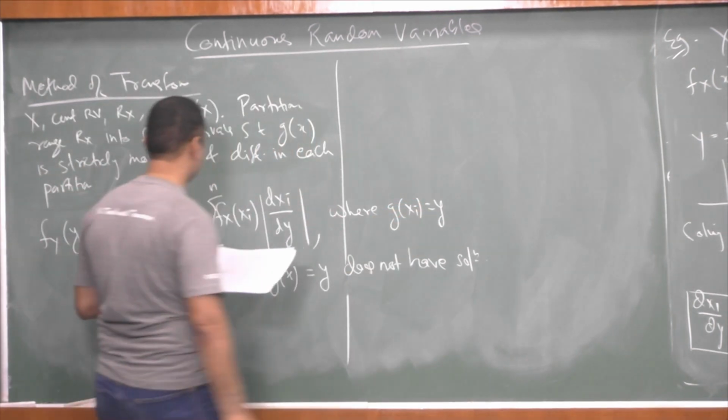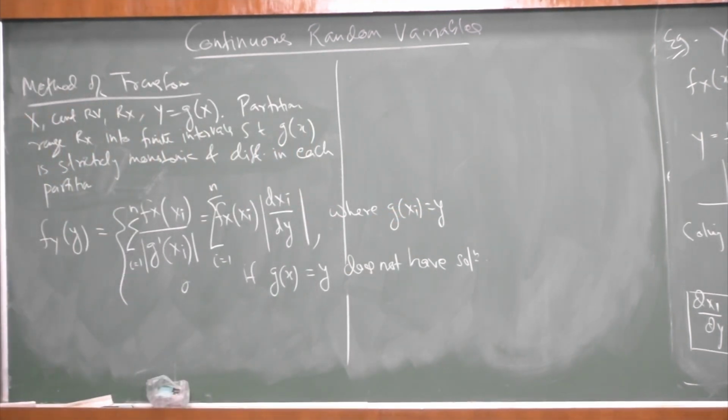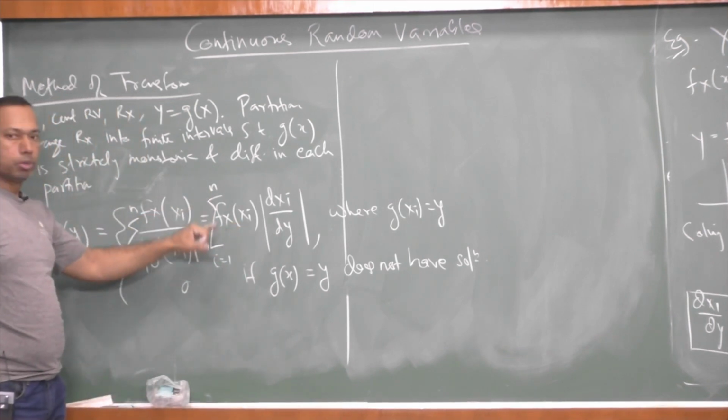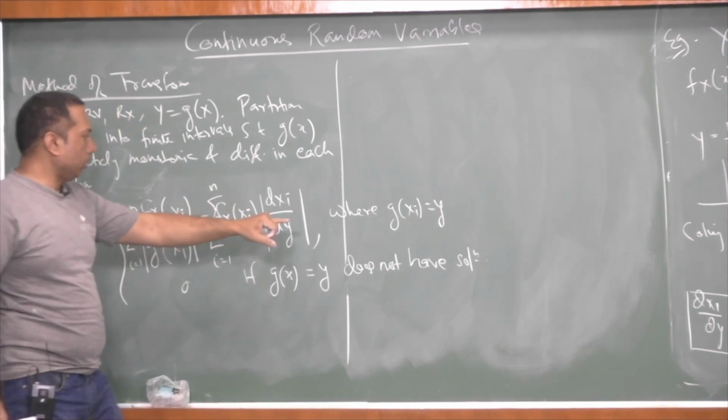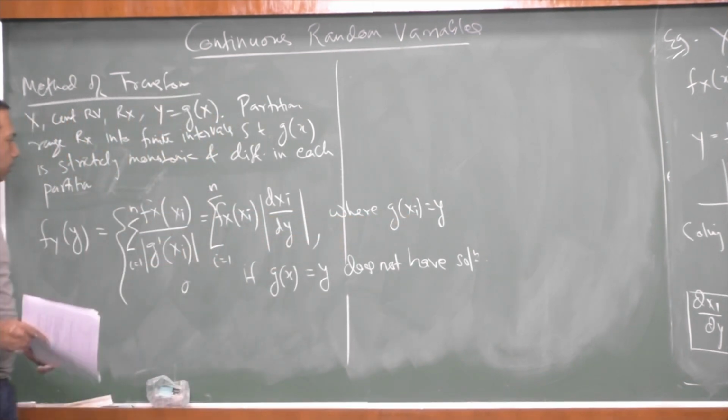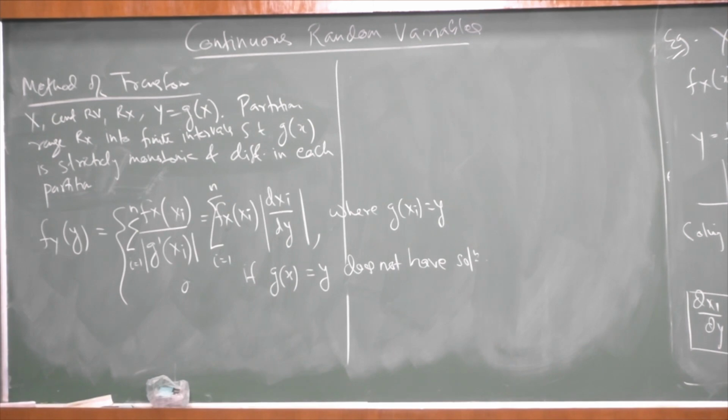So this i denotes whichever places you had x_i for which we had y, you collect all those. These x_i's are the solutions to g(x) equals y, and you sum over those only. So if the x_i's are n of these solutions, then you are summing over those n.